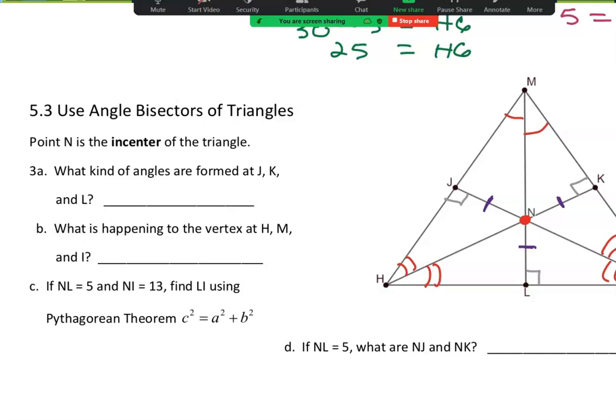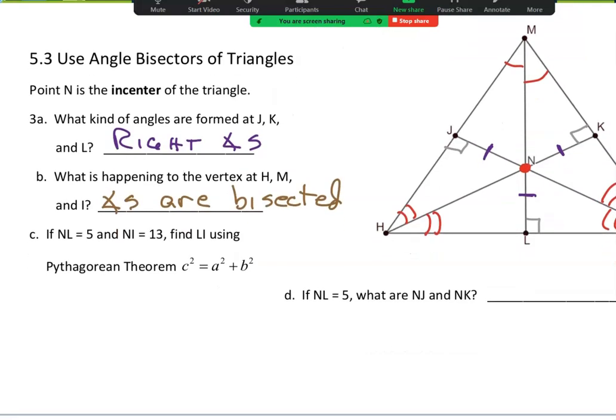Okay, so it says what kind of angles are formed at J, K, and L? And the answer is right angles. What's happening to the vertex at H, M, and I? So the vertex angles are bisected. So I'll say angles are bisected, which bisected is cut into 2 equal pieces.